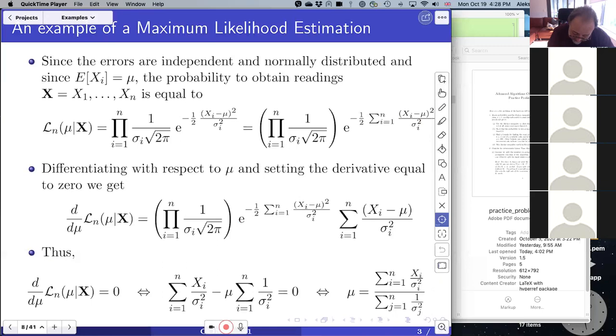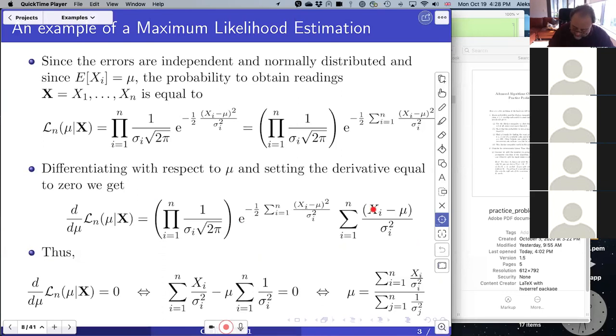So what you get will be just the sum of linear factors divided by sigma i squared, right? That comes straight from here. Now we have to set this equal to 0, and of course this whole factor is never 0, it's always strictly positive. So the only way that this is 0 is if this sum is equal to 0.